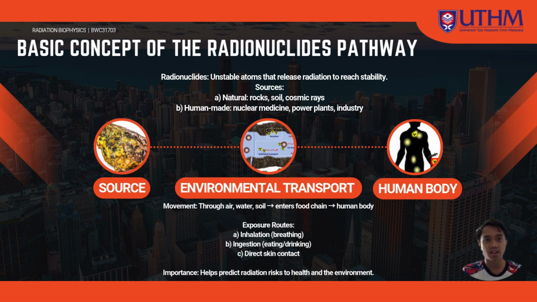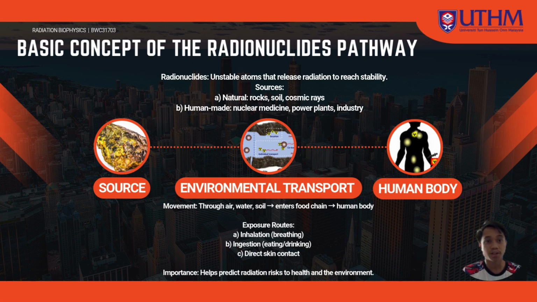Once released, radionuclides can move through the air, water, or soil, eventually entering the food chain and human bodies. For example, they can settle on plants, be consumed by animals, and eventually reach humans through inhalation, ingestion, or direct contact.